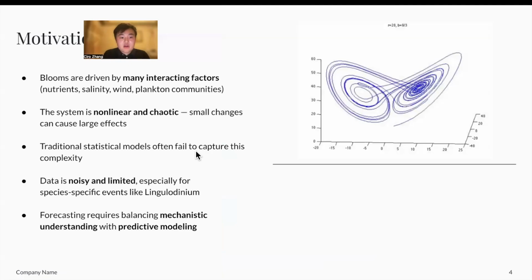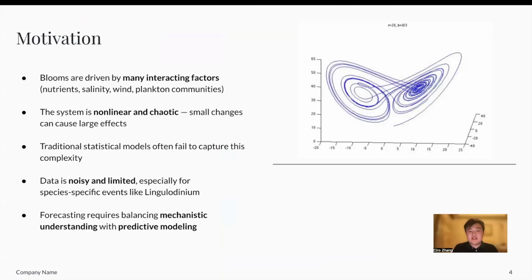Now, the motivation behind our project, and what makes this problem really challenging, is that these blooms are, first of all, driven by many interacting factors. For example, the nutrients in the water, the wind, and the plankton communities. These systems also tend to be very non-linear and chaotic, so a small change in one feature can have huge effects on the bioluminescence of the Lingulodinium.